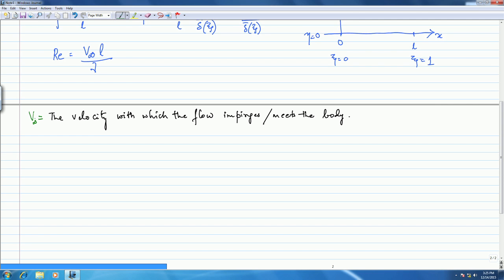I'm calling it V infinity. It's the free stream velocity which meets the body, and this is the reference velocity to calculate the Reynolds number of the flow.